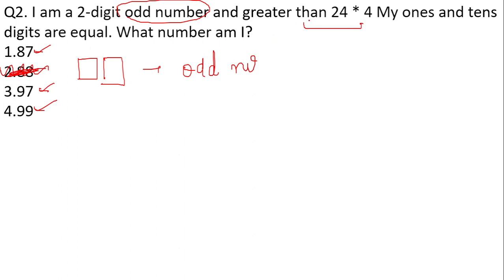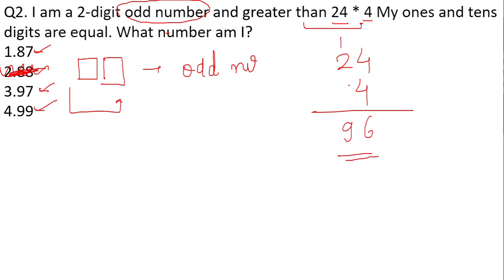The second thing that they have told is that the number should be greater than the product of 24 into 4. Let's check the product of 24 into 4. 4 4s are 16, carry 1, 4 2s are 8 and 1, 9. So the product is 96 here. So the number should be greater than 96.